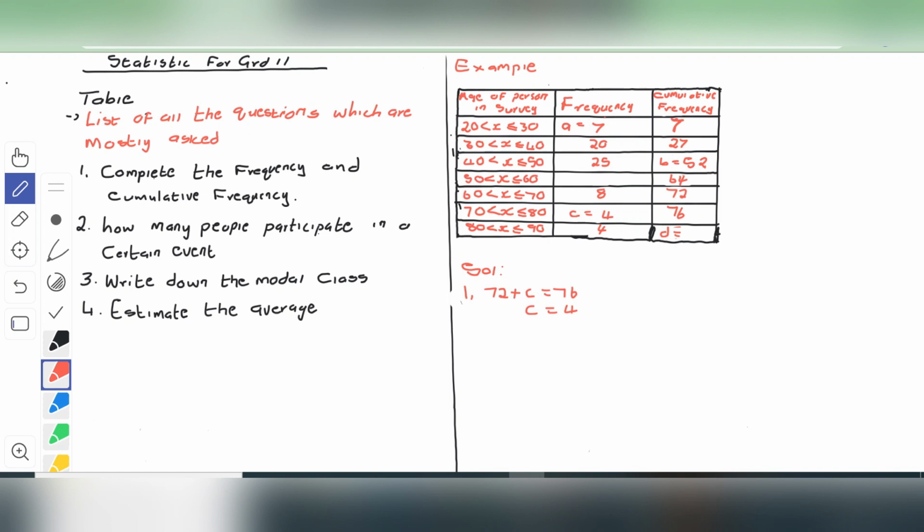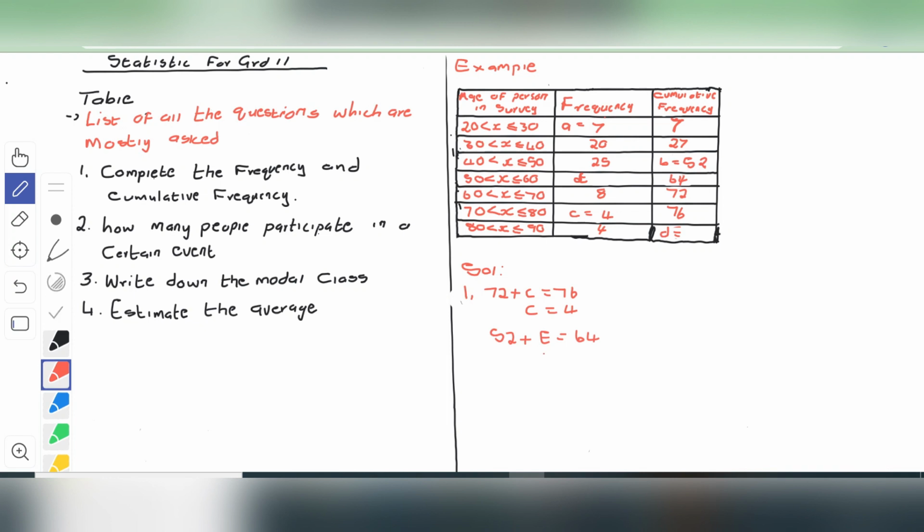Oh, I forgot something here. Let's say this one is D. It's E. Let's say it's E. So now let's solve for this E. How do we solve for it? We now have B, which is 52, and to get this value here, which is 64, we need to add 52 with E. So it's going to be 52 plus E, which is equal to 64.